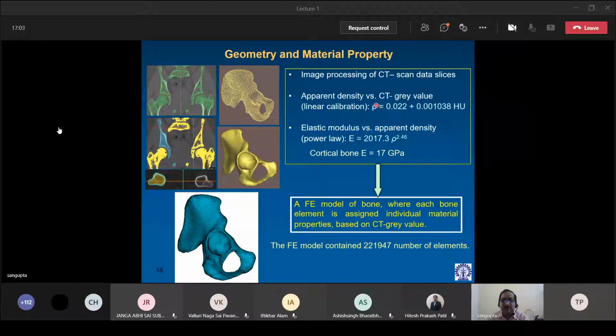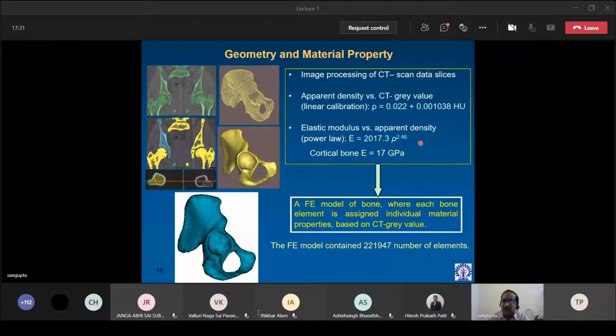Once we have the apparent density, we can get the elastic modulus using specific power law equations. Note here that the exponent of rho is 2.46, and this is the relation mostly used for pelvic bone. For spine you can get another relationship. For femur we used another relationship.